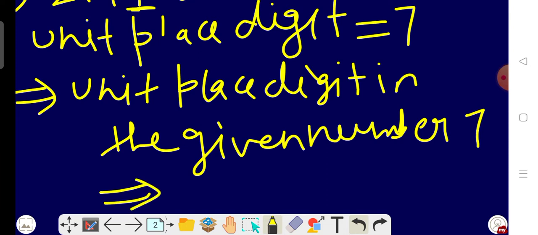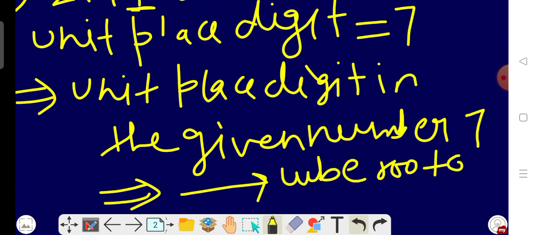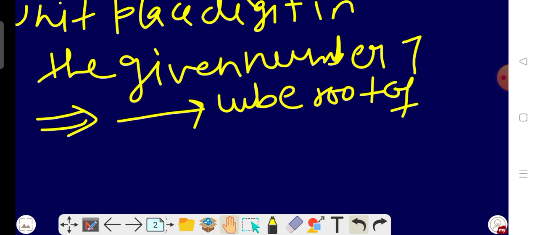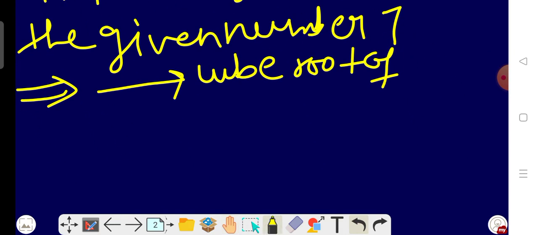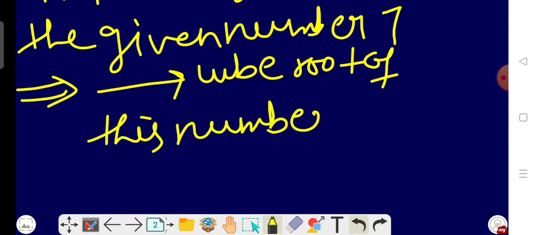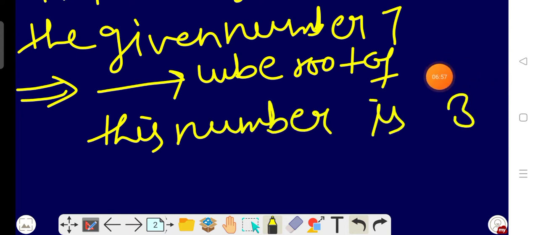This implies that the unit place digit in the cube root of this number is 3.